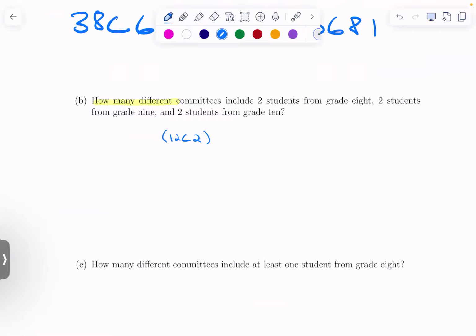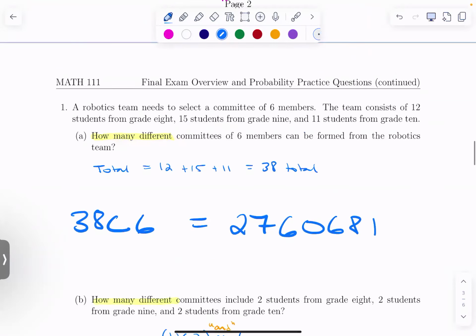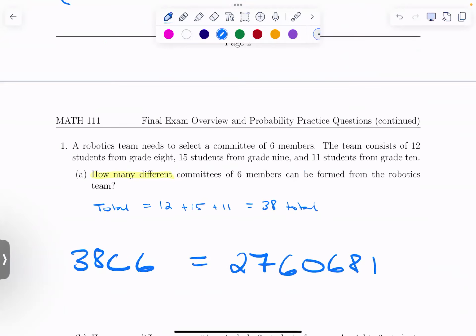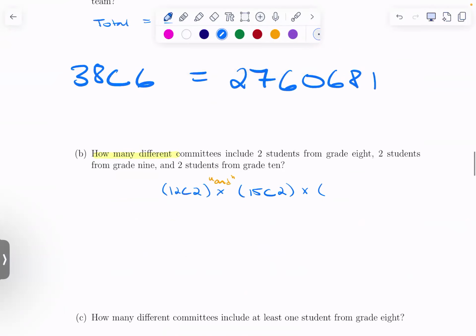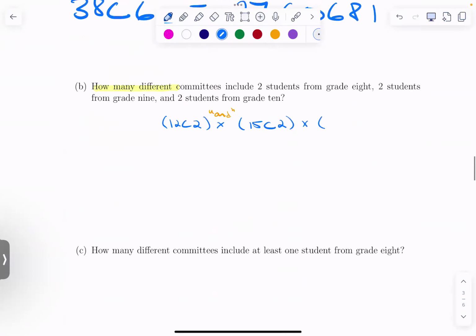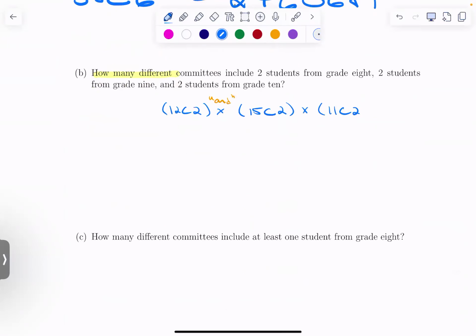And whenever you're saying and, you're multiplying. And 2 students from grade 9. Grade 9, we have 15. And I want 2 of those. Doesn't matter which 2. And from grade 10, where I have 11, I need another 2.